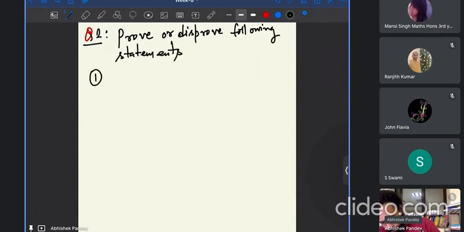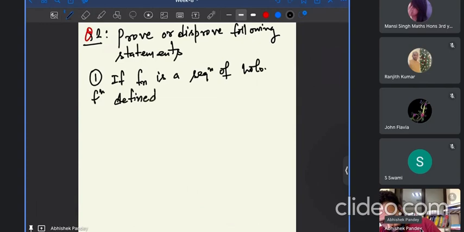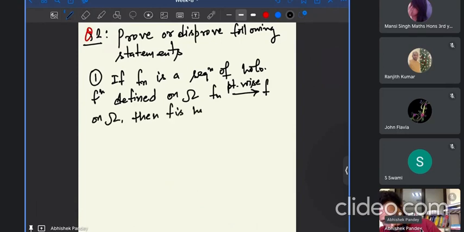First, if fn is a sequence of holomorphic functions defined on a domain omega, and fn converges pointwise to f on omega, then f is holomorphic.